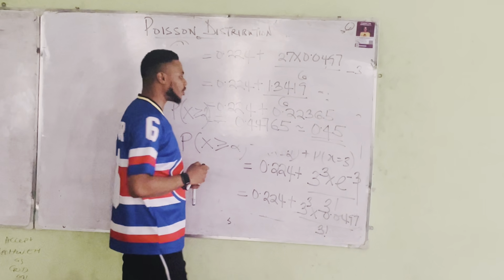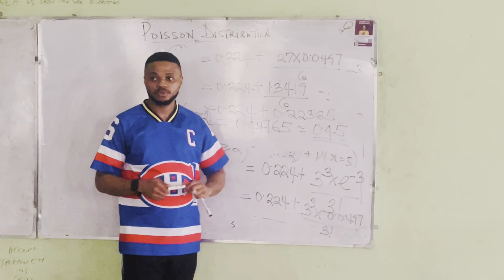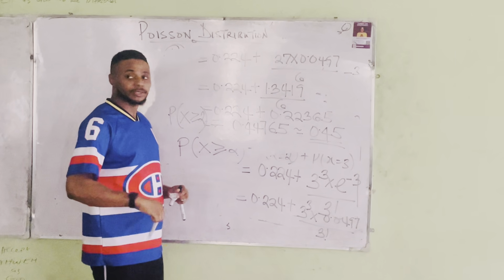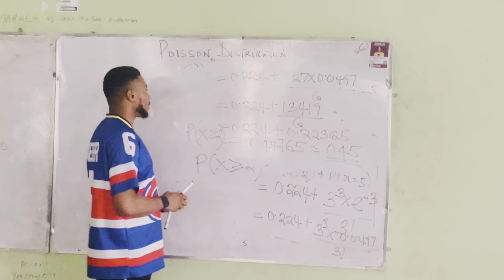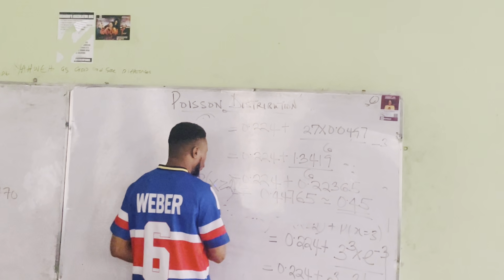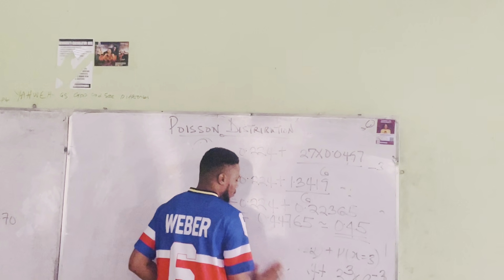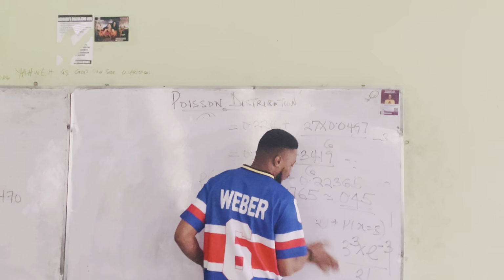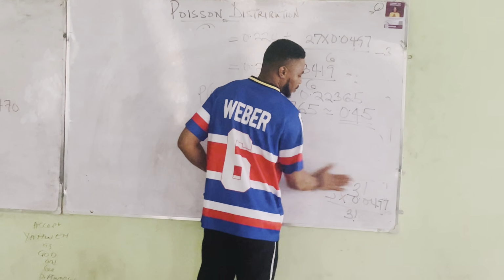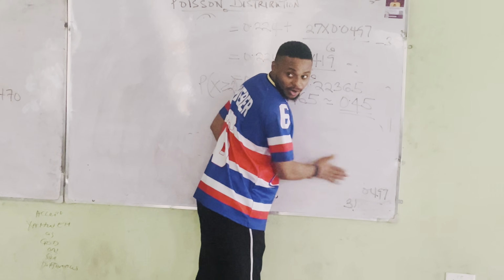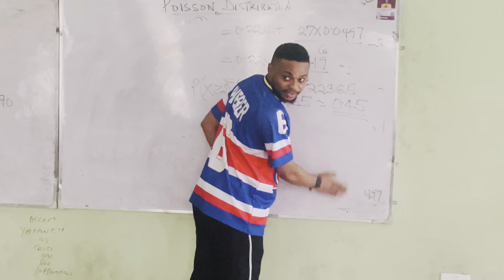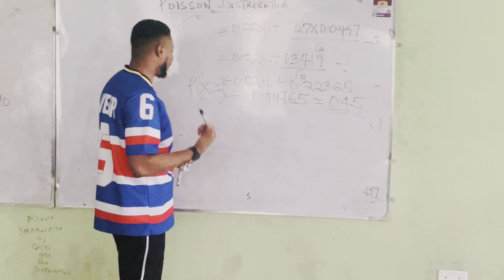This is our probability of x greater than or equal to 2. So now let's quickly look at the last one: one call in 30 seconds. Okay.